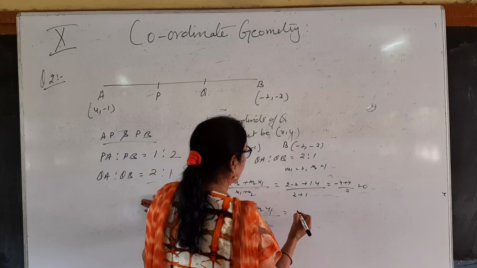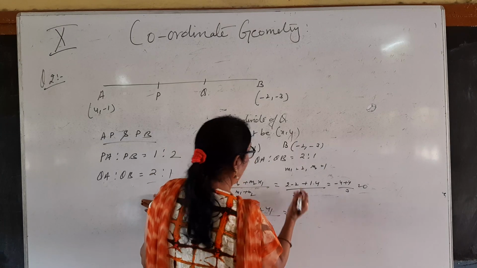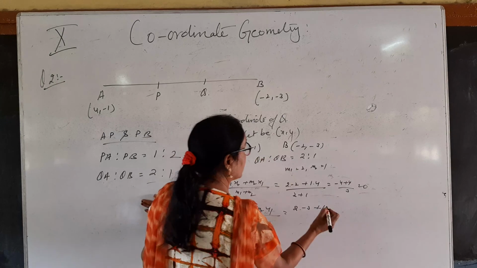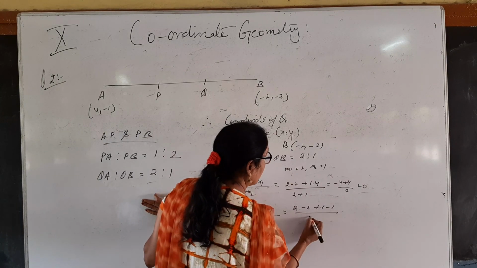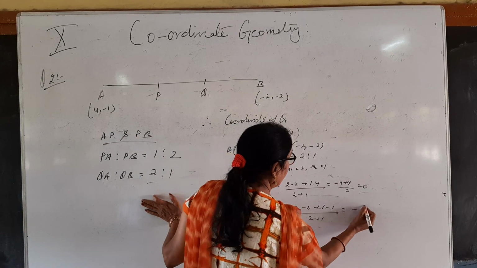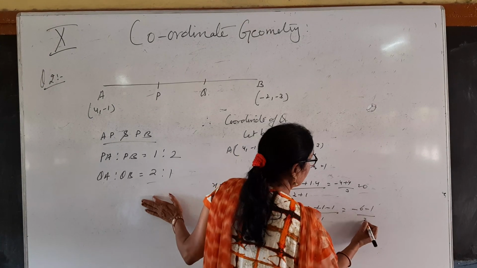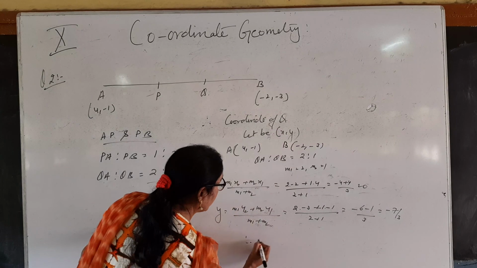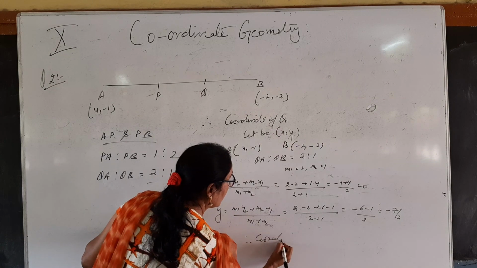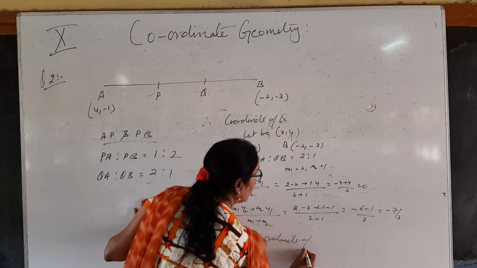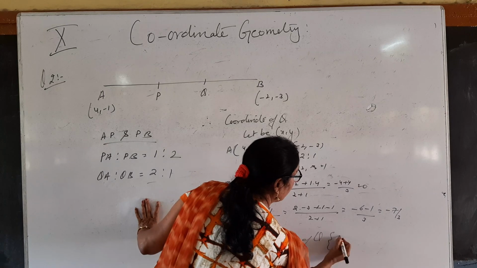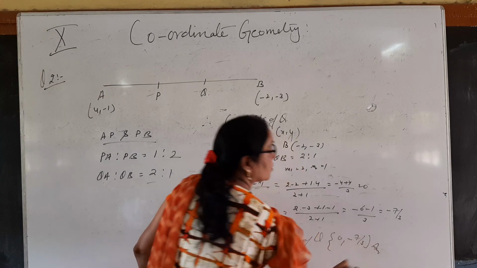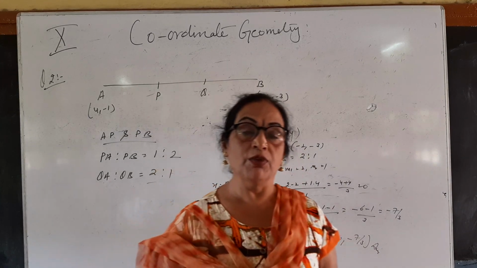So m1 is 2, y2 is −3, plus 1 into −1, upon 2 + 1. So (−6 − 1)/3 is −7/3. Therefore the coordinates of Q will be (0, −7/3). This is the answer.